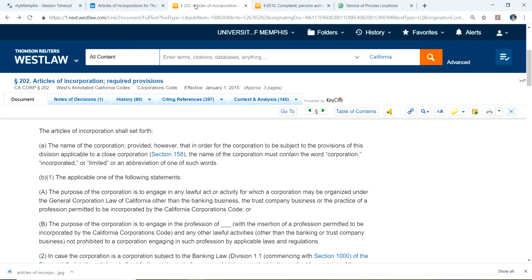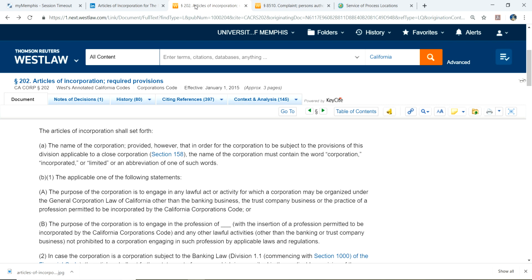Or B, the purpose of the corporation is to engage in the profession of, insert the profession name, and any other lawful activities other than the banking or trust company business, and not permitted to a corporation engaging in such profession by applicable laws and regulations.